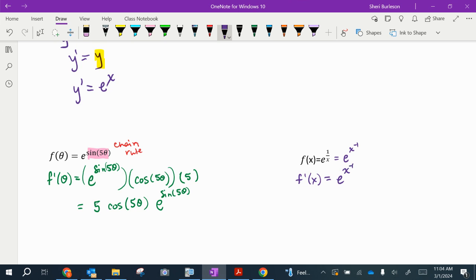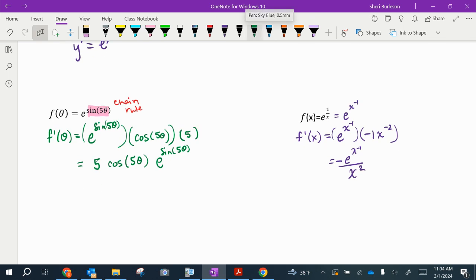So the derivative of e to anything else is just e to anything else times the derivative of the inner function. So my inner function is x to the negative 1. I bring the negative 1 out front and subtract 1 from the exponent. So if I simplify this, I have e to the x to the negative 1 times negative 1 and divided by x squared, because of the x to the negative 2.